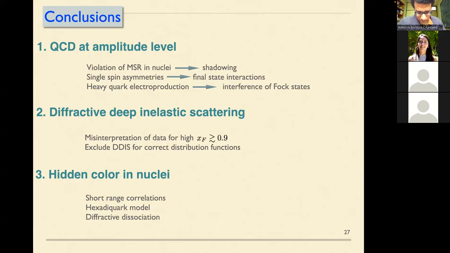And the last was a very novel idea of having these extra diquarks which have the same quantum numbers as helium, and I think could be important in understanding several processes in nuclear physics.